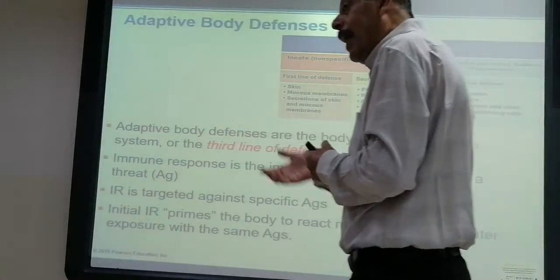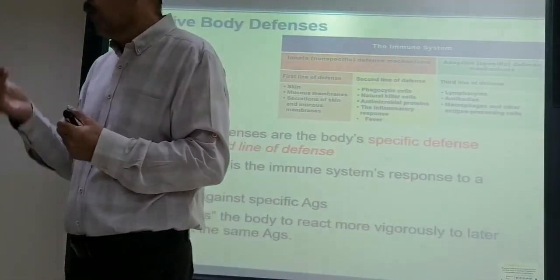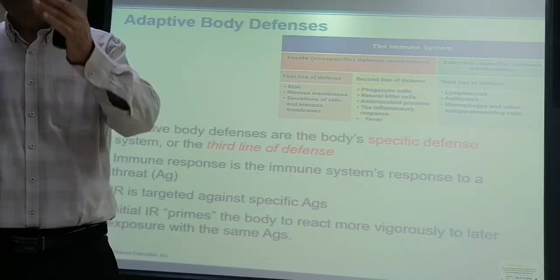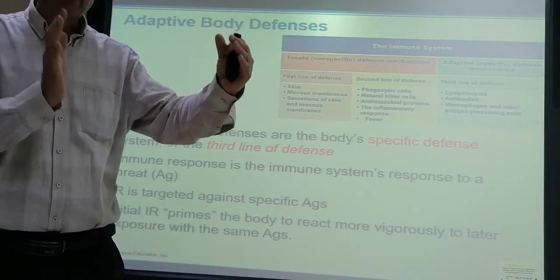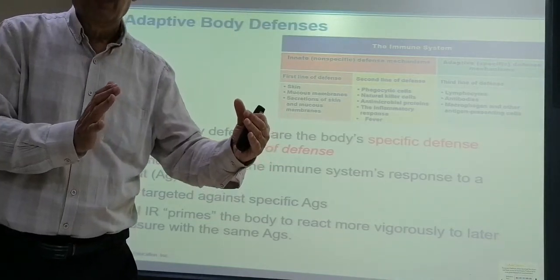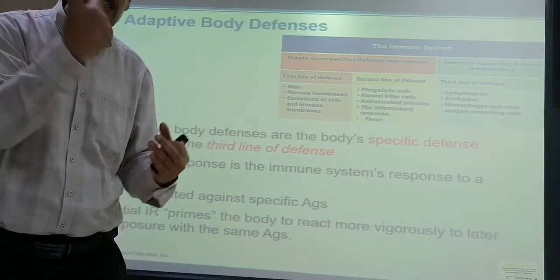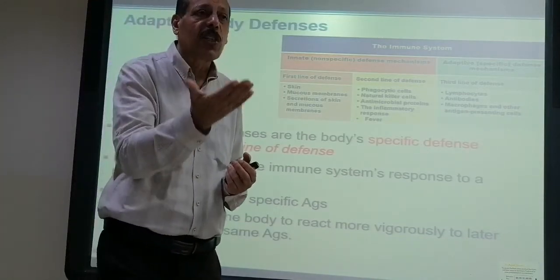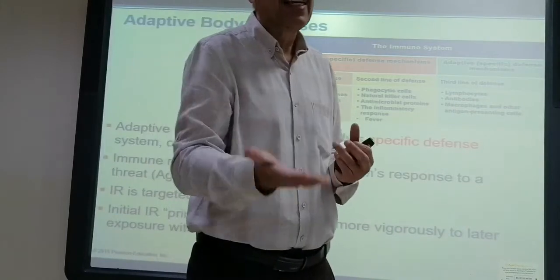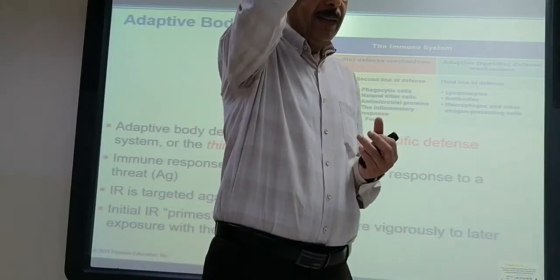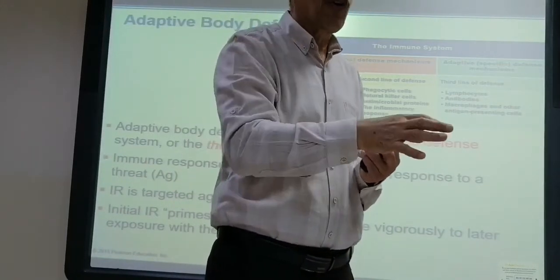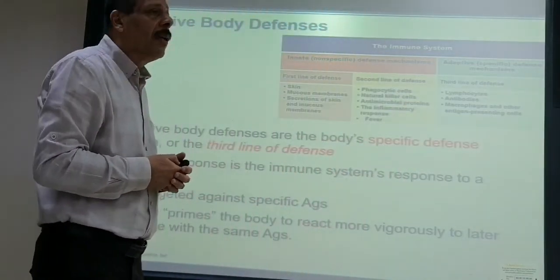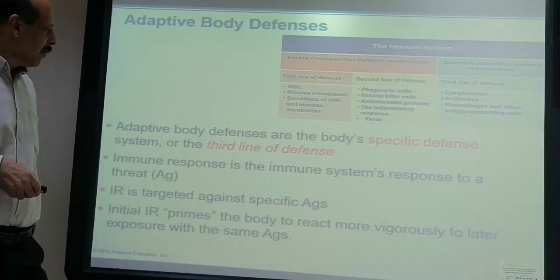But later, if we are exposed to the same antigen, our immune system will have a memory that can recognize it immediately, and the amount of antibodies formed in this case will be high. So immediately it will be recognized on the second exposure, and the amount of antibodies will be even higher.